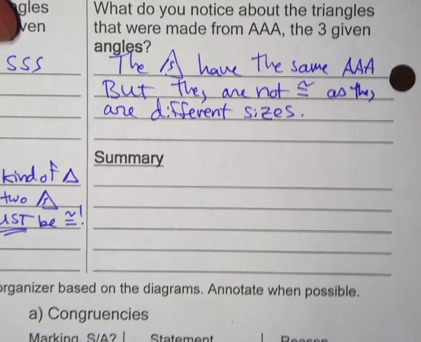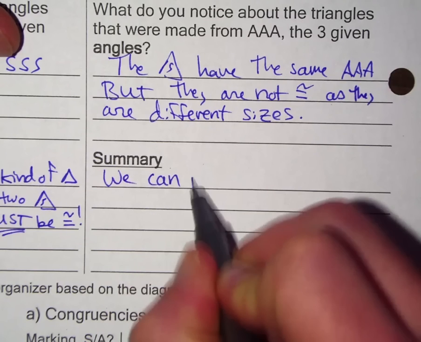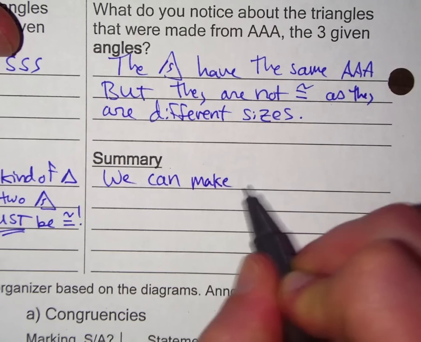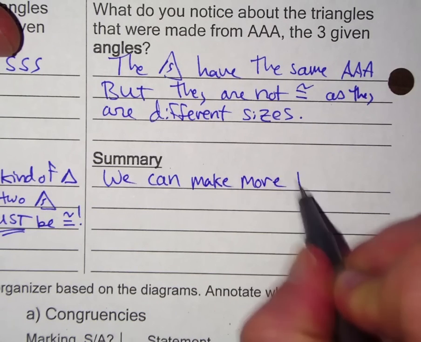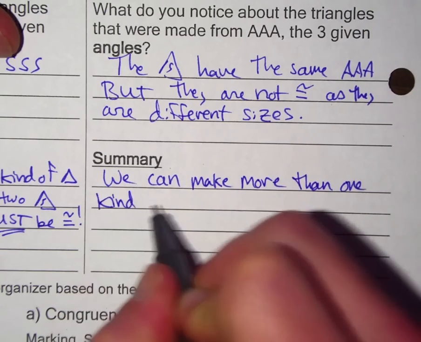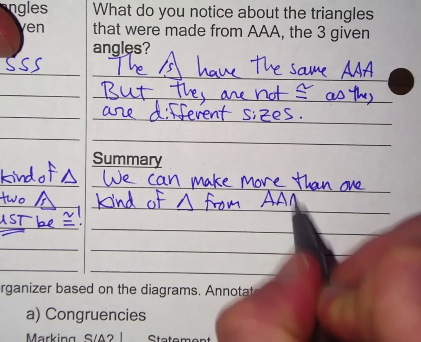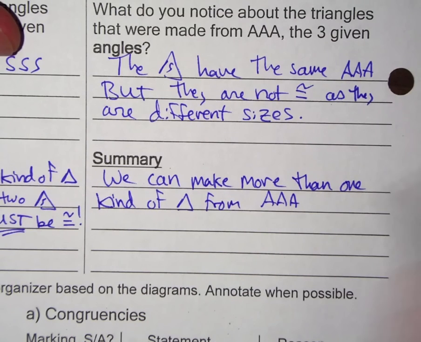So here's my summary for angle. We can make more than one kind of triangle from an angle set of given information.